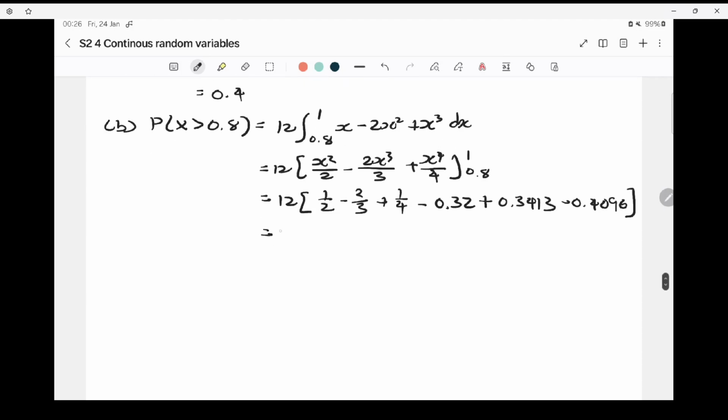Okay, let's do this more carefully. So this is 1 over 12. The first one is 8 over 25. Second one is 2 times 0.8 to the power 3 divided by 3.